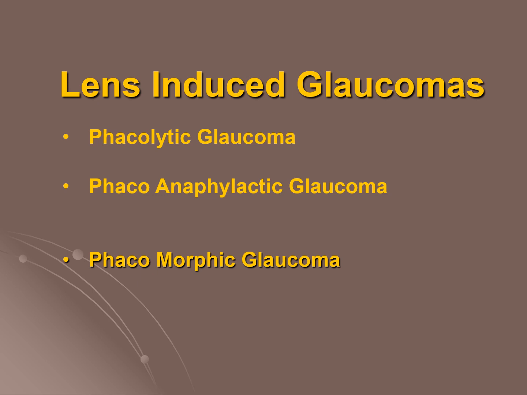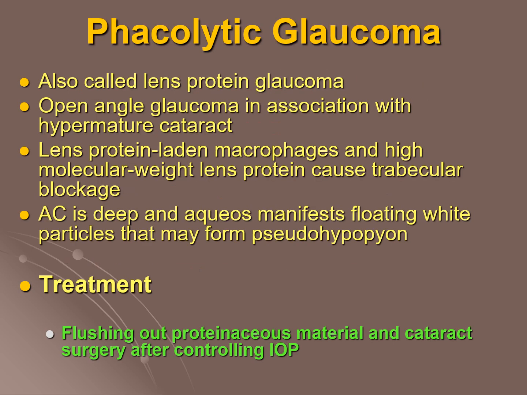And phacomorphic glaucomas are those due to the shape of the lens obstructing the pupil, and this is the narrow angle type. Phacolytic and phaco-anaphylactic are open angle type, and phacomorphic glaucoma is the narrow angle type, secondary glaucoma due to lens.